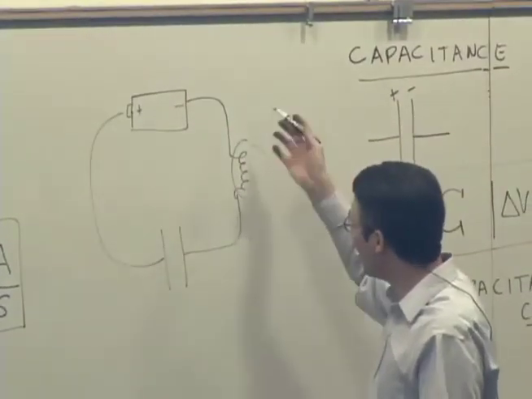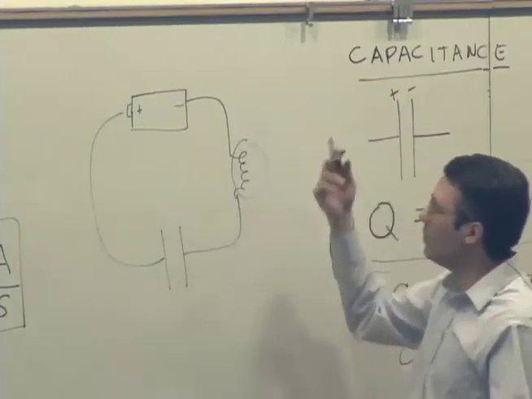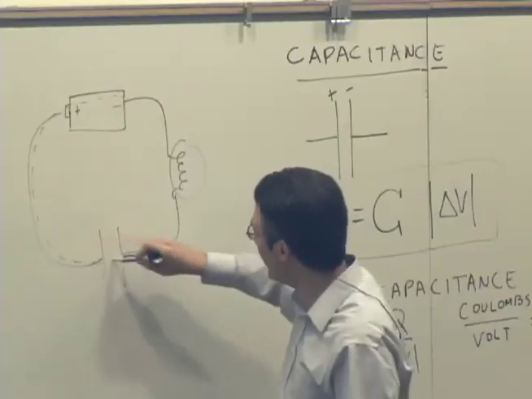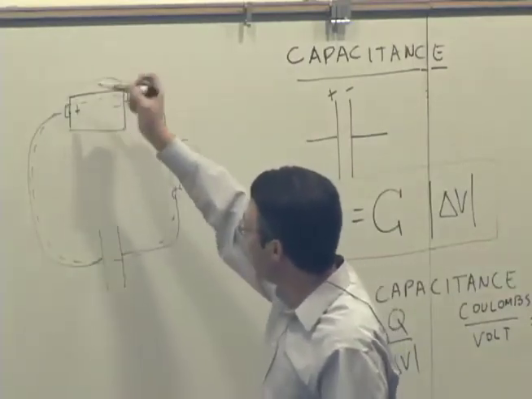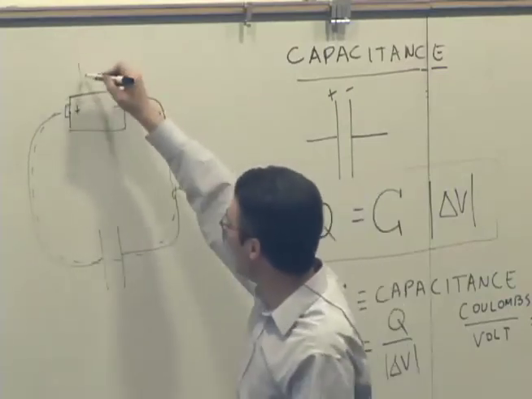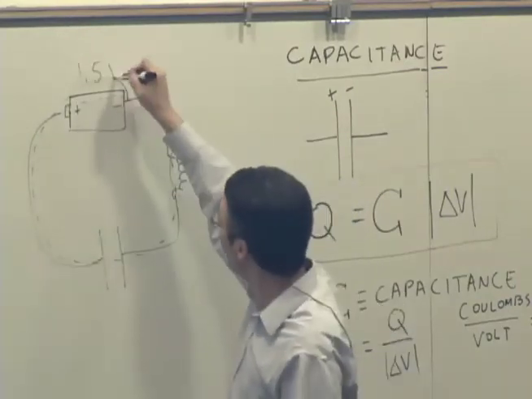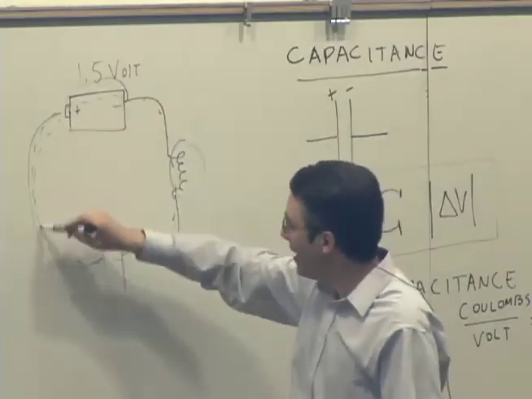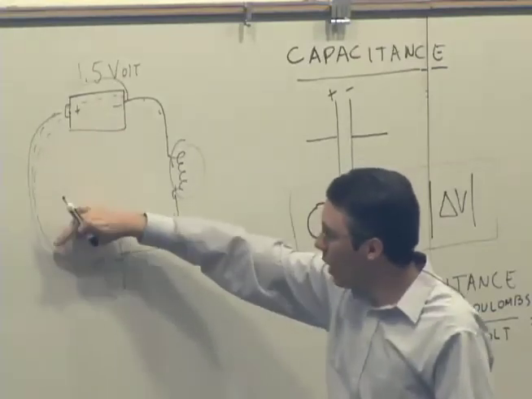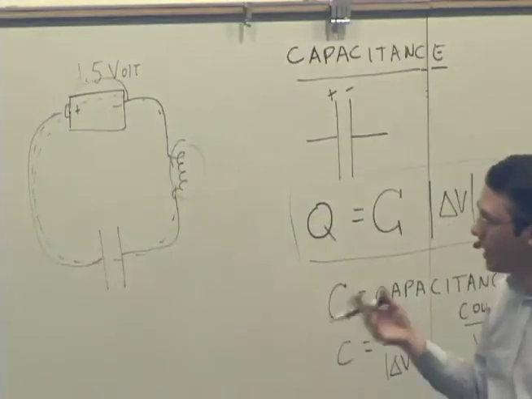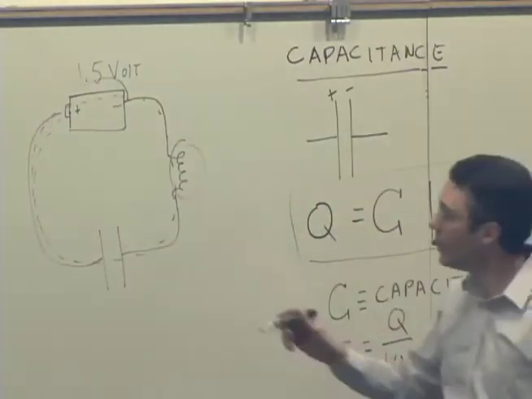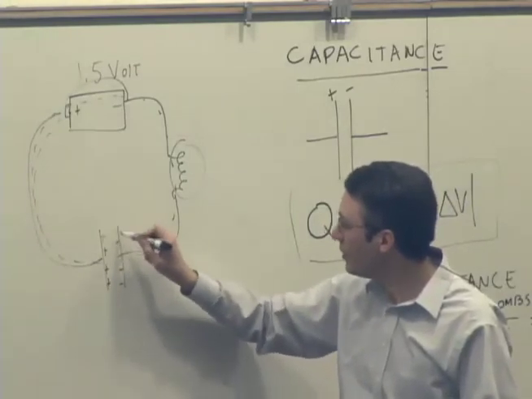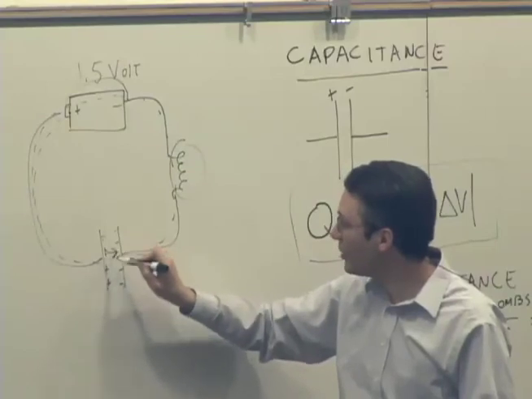But the idea is that if you have a capacitor that's charged up, the current's no longer flowing, but the loop rule still applies. We can still go round trip, and the potential difference has got to be equal to 0. If I'm going from negative to positive, I have a 1.5 volt increase in potential as I go across the terminals of the battery. There's now 0 electric field in the wires and 0 electric field in the light bulb, because we're at static equilibrium again. But there is now an electric field across the gap of the capacitor pointing in that direction.